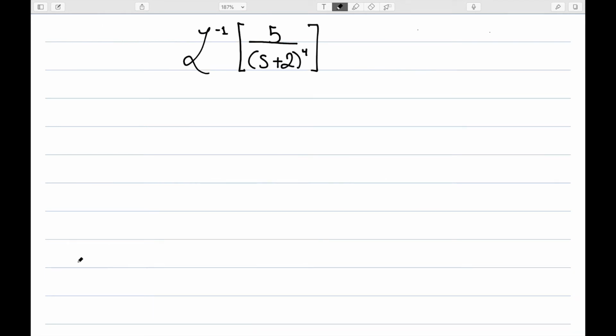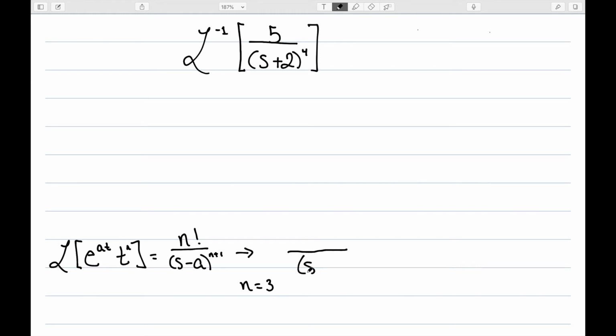I now want to do the inverse transform of 5 over s plus 2 to the 4th. If we look through our table, the one that most closely matches this would be the transform of e to the at t to the n, which is n factorial over s minus a to the n plus 1. For this particular one, we would need n to be equal to 3 in order to make this denominator to the 4th power. We can also see that we would need a to be negative 2, so that I would have s minus negative 2 to get the plus 2.